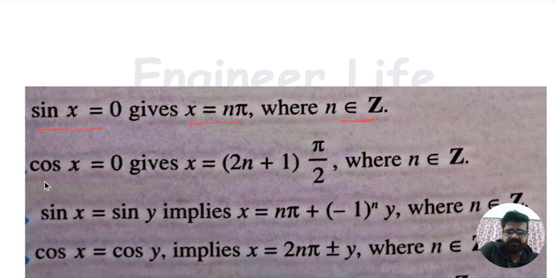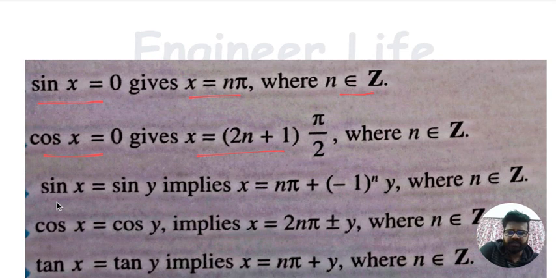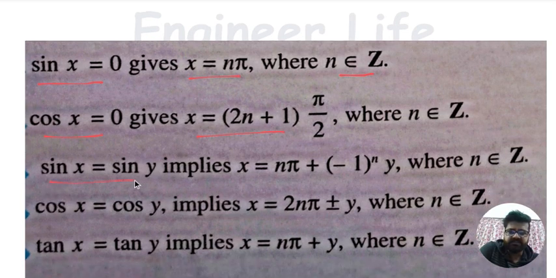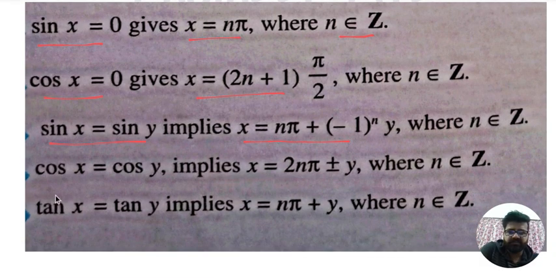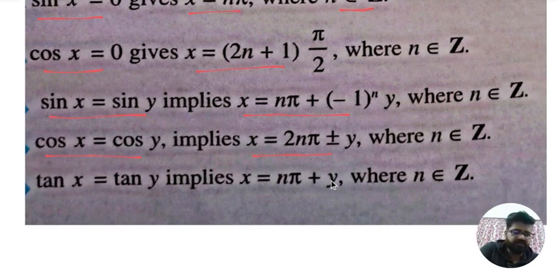If you reduce your equation to cos x equals 0, then x equals (2n plus 1) multiplied by pi by 2. If you reduce your equation to sin x equals sin y, with sin x on the left hand side and sin y on the right hand side, then x will be equal to this. If you reduce your equation to cos x equals cos y, then the value of x will be this, because our final aim is to find the value of x, which will be the solution of our equation.